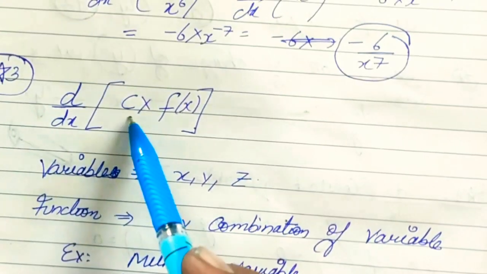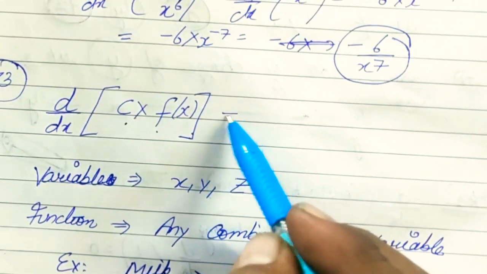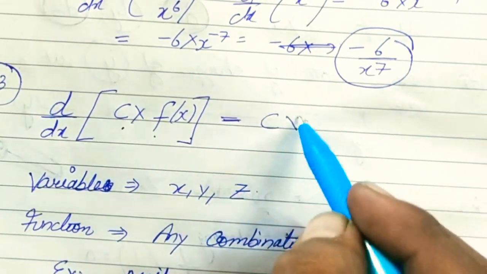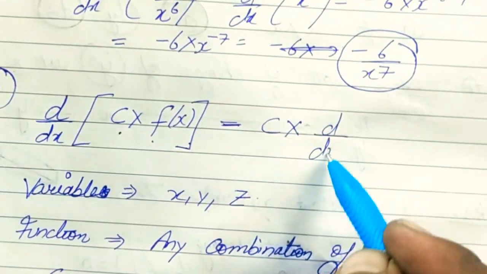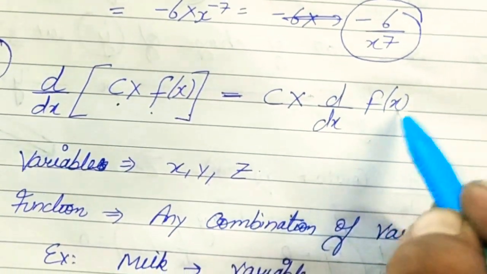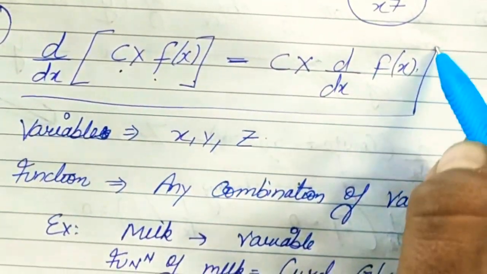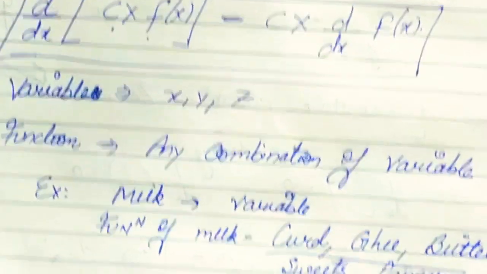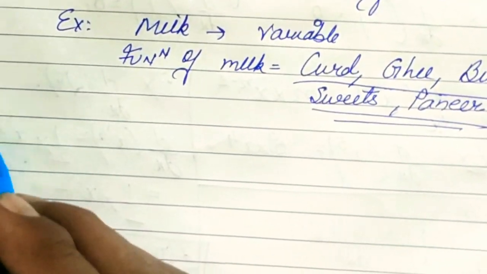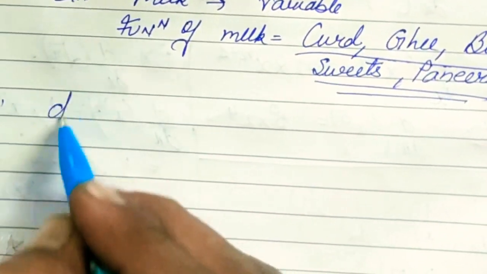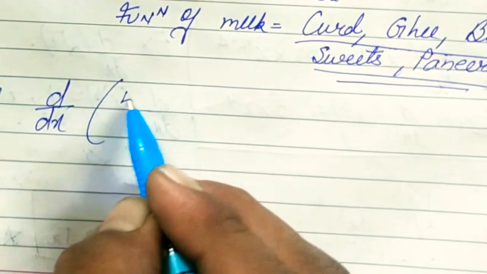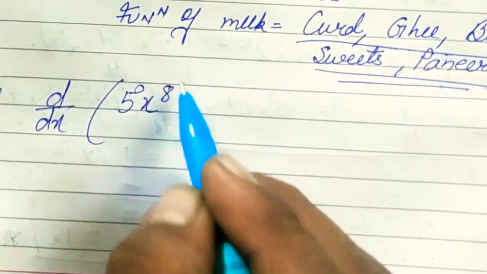So if a constant is being multiplied with a function, then the formula says to bring out the constant and then differentiate the function inside. This is the formula number 3. How is it used? It is used like this. Suppose we have to differentiate 5 into x to the power 8.